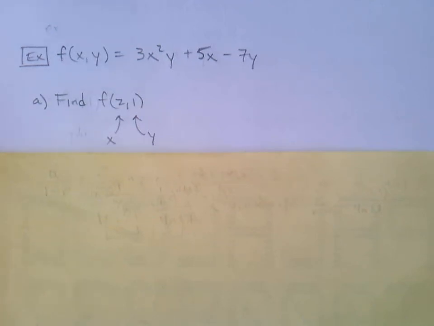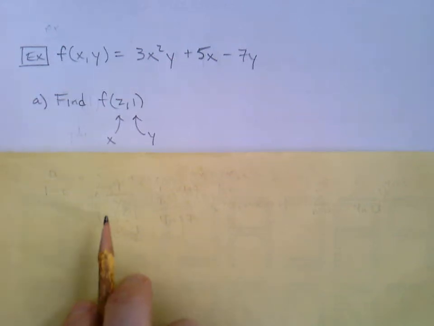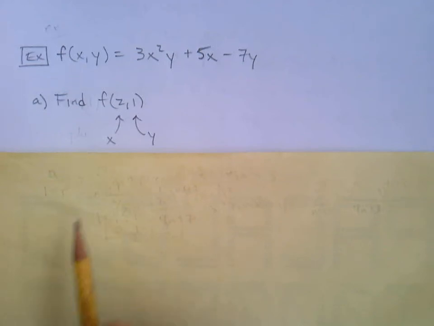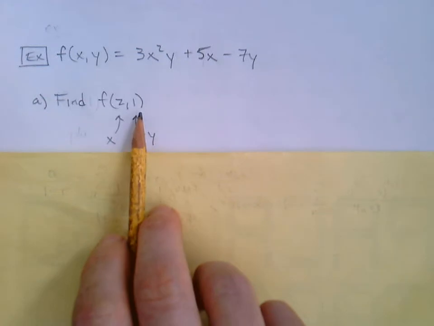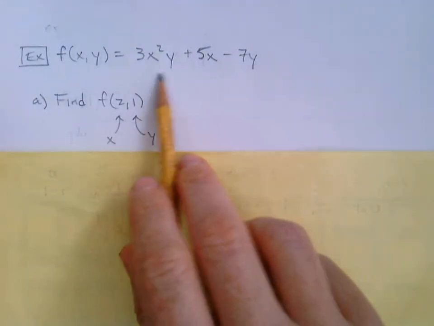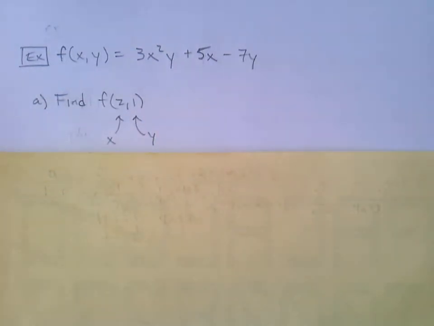So we'll begin with part A. Find f of 2 comma 1. For f of 2 comma 1, we're thinking of the x as being a 2, the y as being a 1, and just like a regular function, we're just going to plug those in.